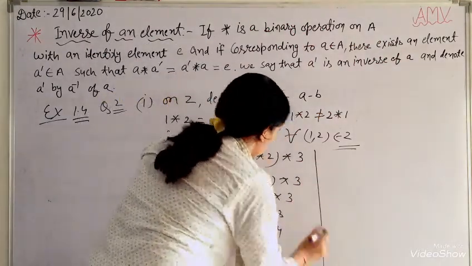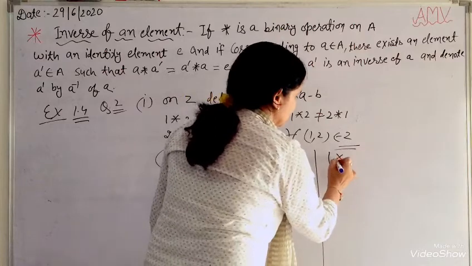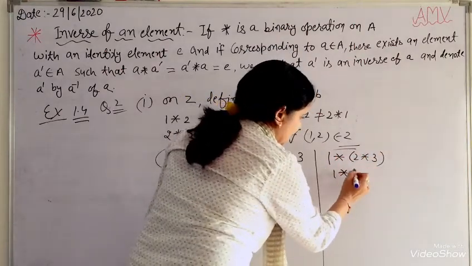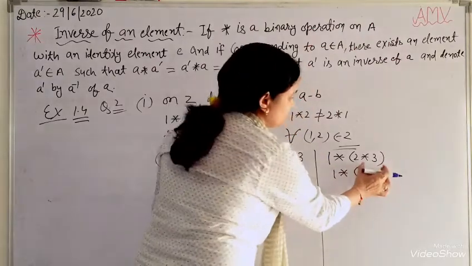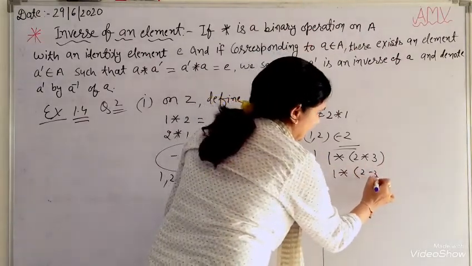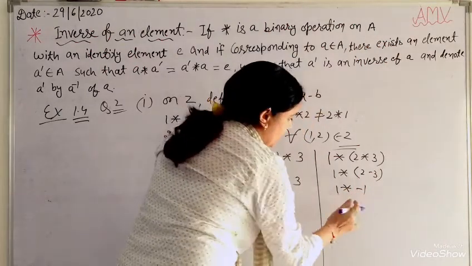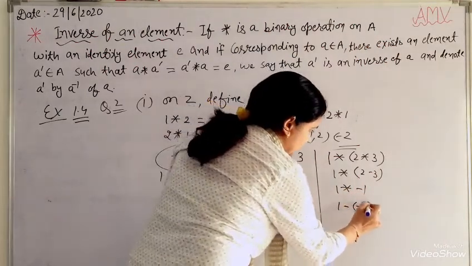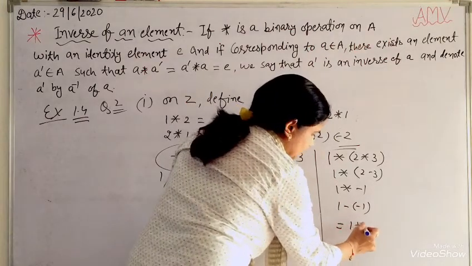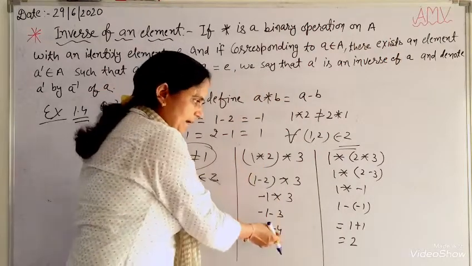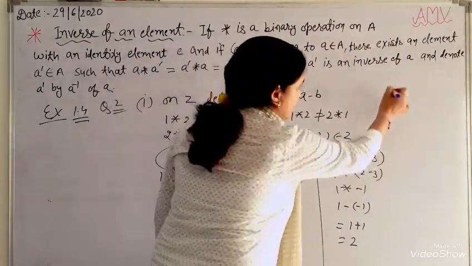Now 1 star (2 star 3). First apply the operation on this, it is 2 minus 3. So 1 star minus 1, and now apply on this: 1 minus minus 1, you will get 1 plus 1, it is 2. So see, students, it's minus 4 and it's 2, not equal.